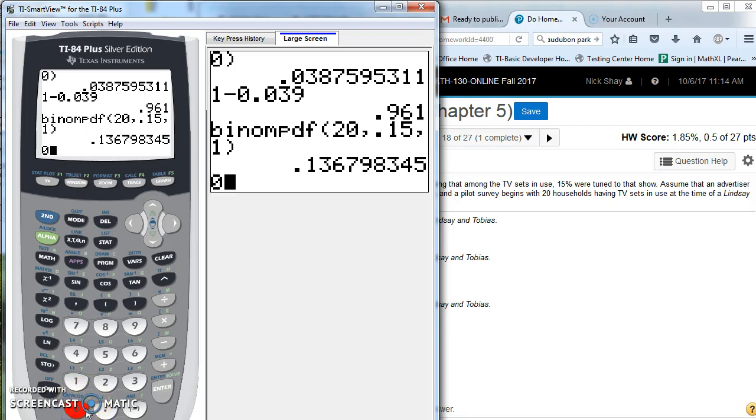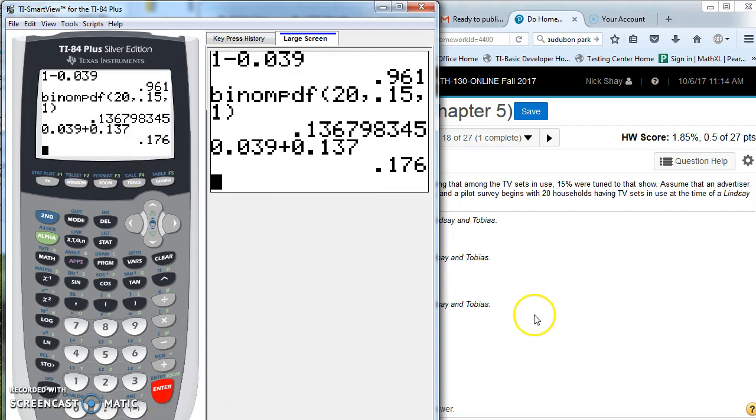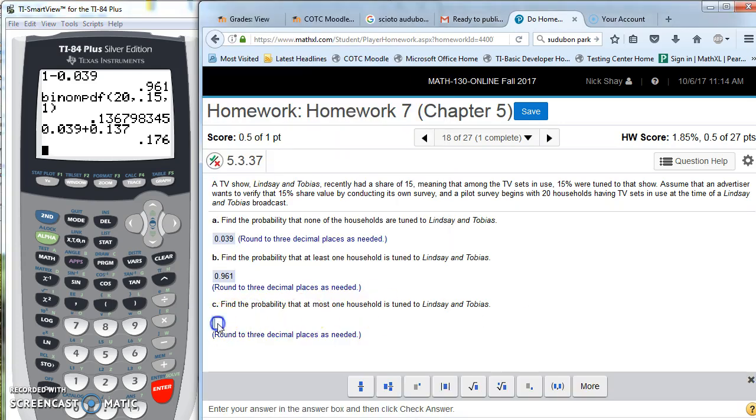So it's going to be 0.039 plus 0.137. Again, we just add those two probabilities together because at most one is 0 or 1, and I get 0.176.